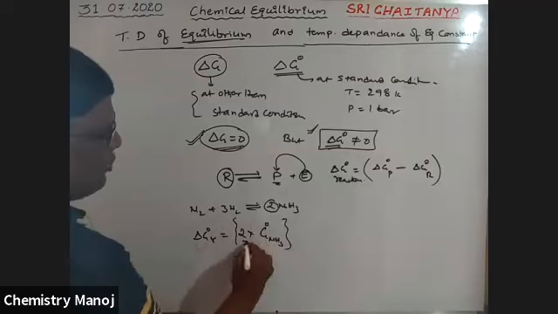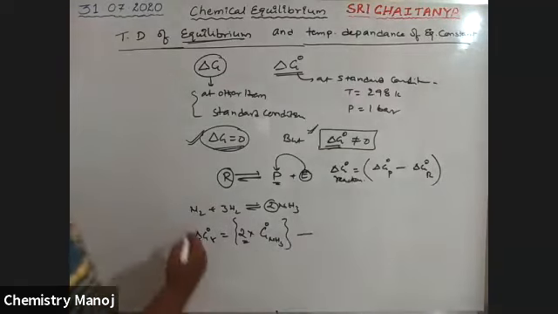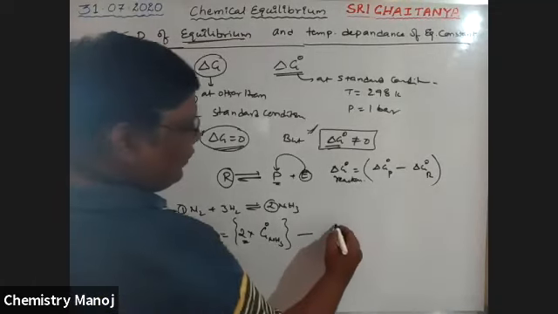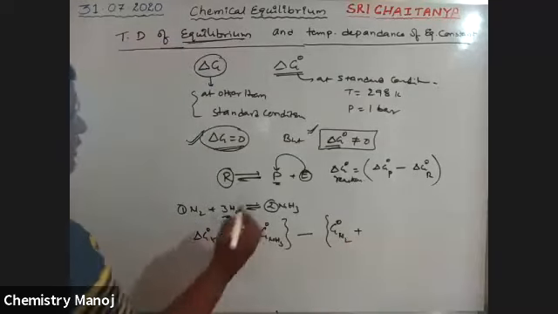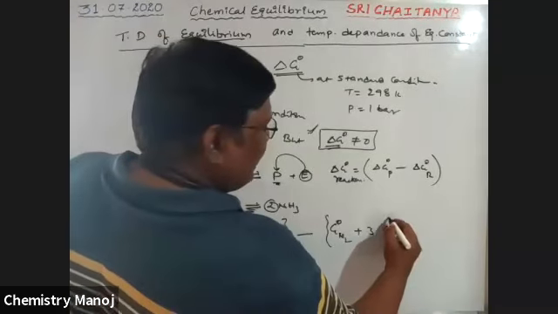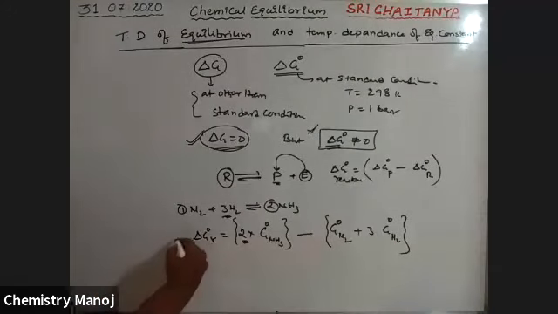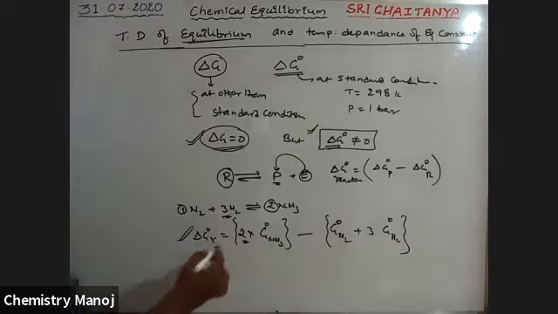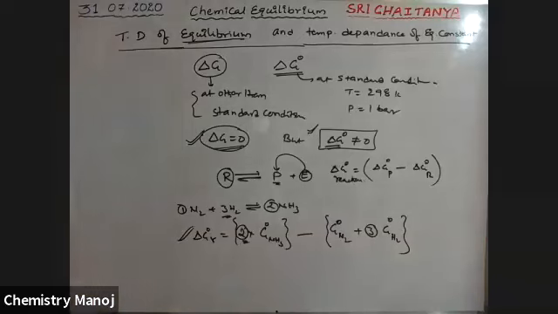So that means you should multiply with the number of moles also. Minus 1 mole of N2, therefore delta G naught of N2, plus 3 moles of H2, 3 into delta G naught of H2. This is the way to calculate delta G naught of the reaction. You should multiply with those number of moles also.